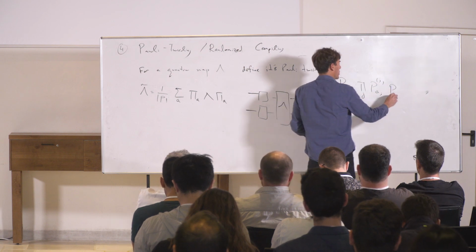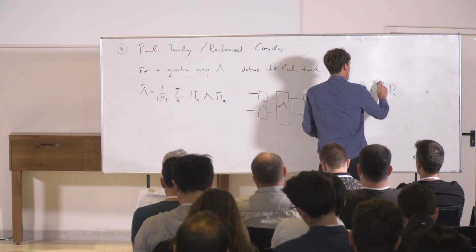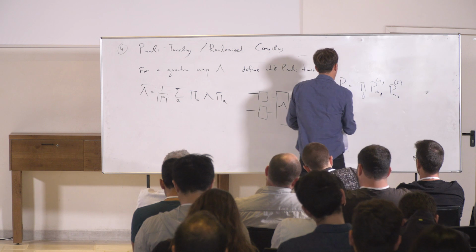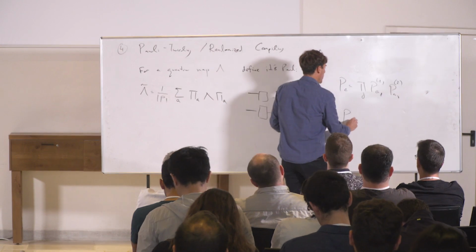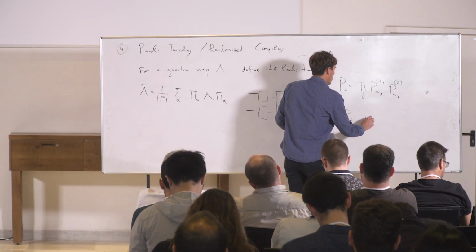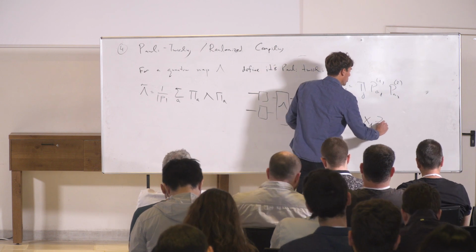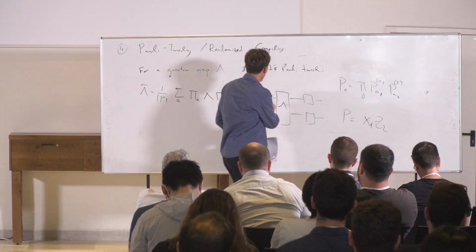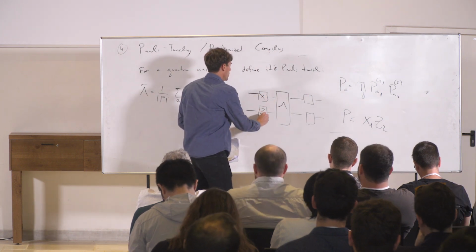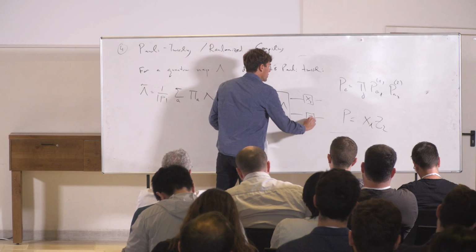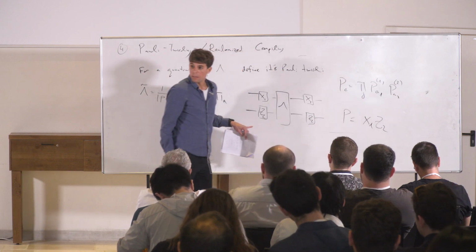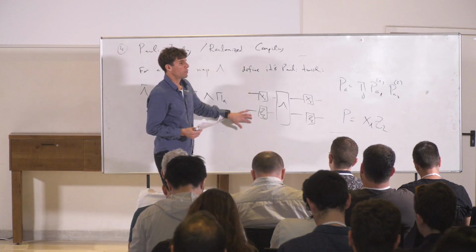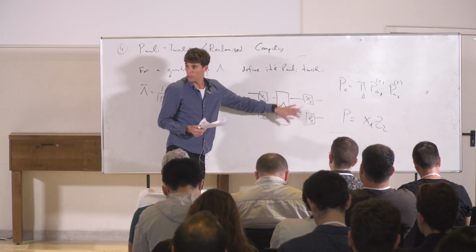For example, if I have two qubits, some specific P would be, I don't know, X on qubit 1 and Z on qubit 2. This would be some specific P. So I'm going to do X on qubit 1, Z on qubit 2, then X on qubit 1, Z on qubit 2 again. I'm going to first apply a random Pauli, and then apply it again after the channel.